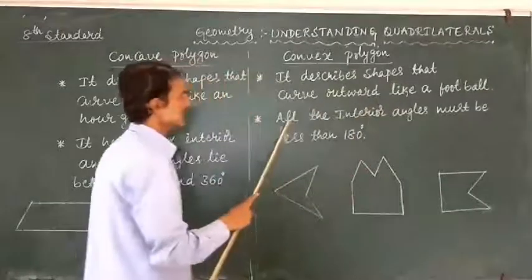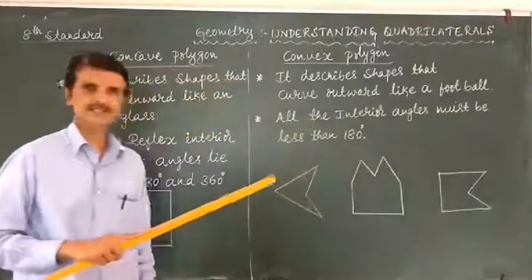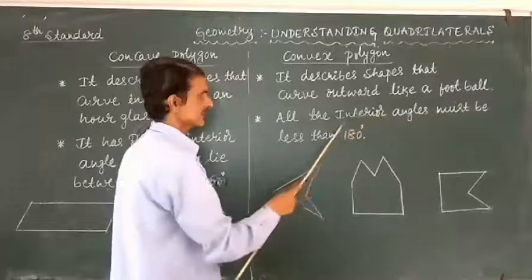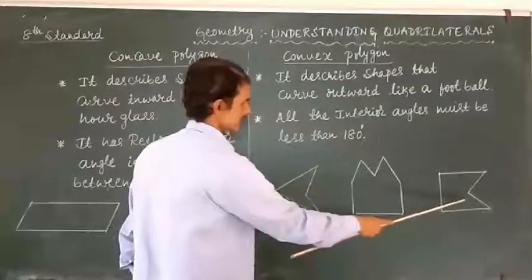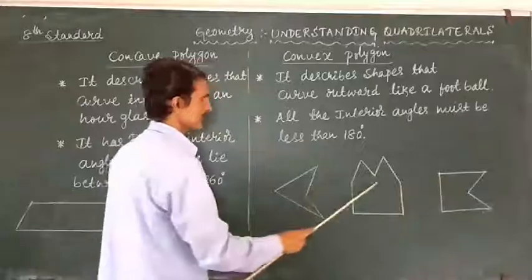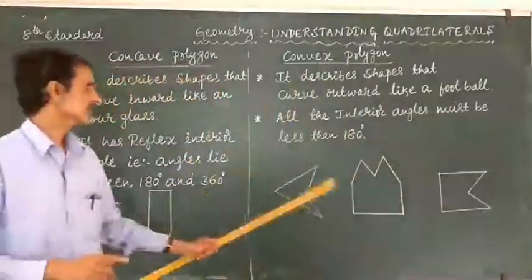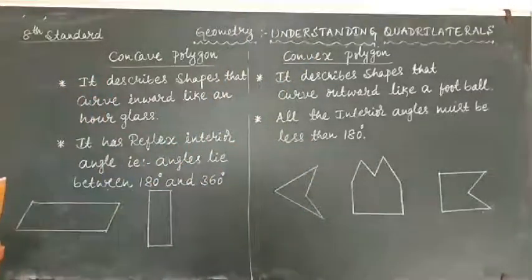All the interior angles must be less than 180 degrees. Observe these figures. These types of polygons are examples of convex polygons.